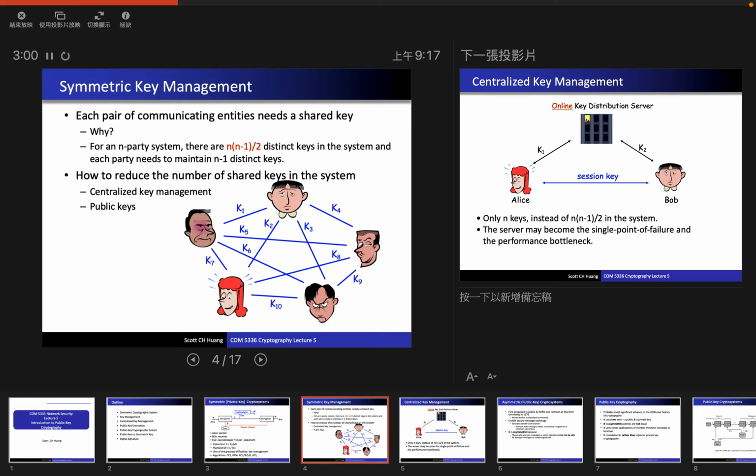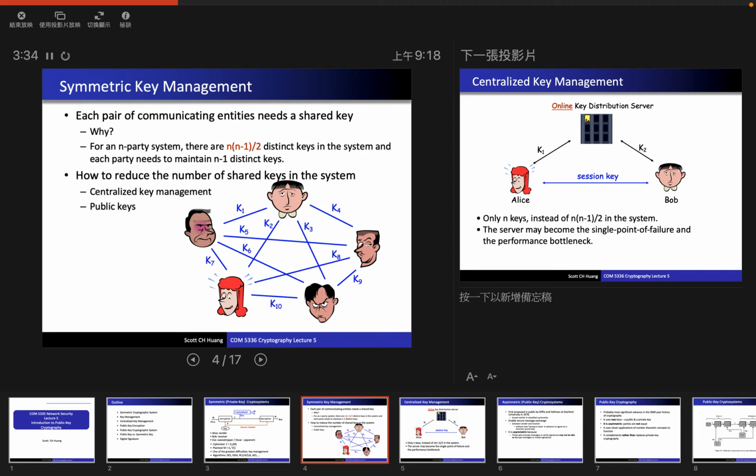Now, using these crypto systems, let's consider this scenario, group communications. There's a group of people, let's say there are 5 people, and they want to talk with each other. In this case, each pair of people has to share the same key. So with 5 people, 10 keys are necessary.